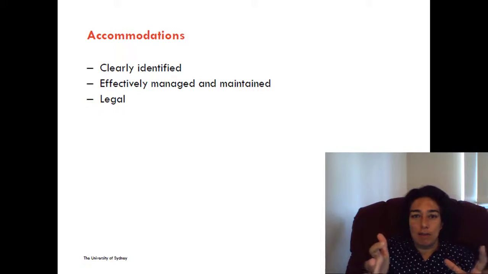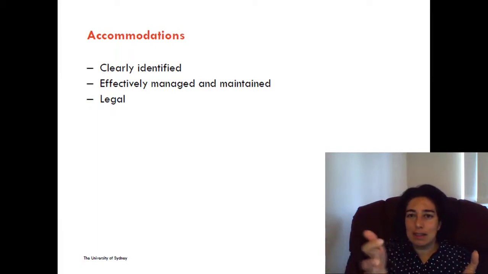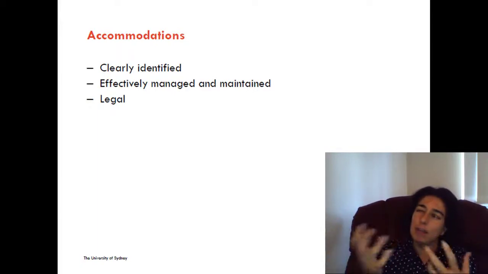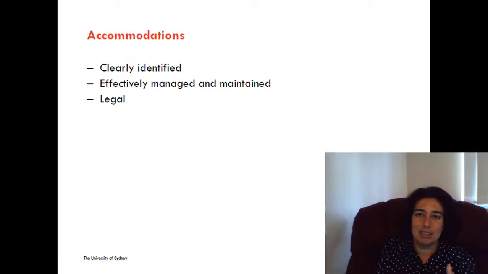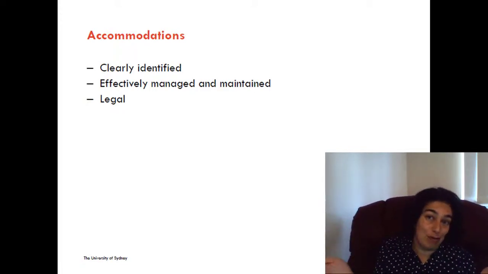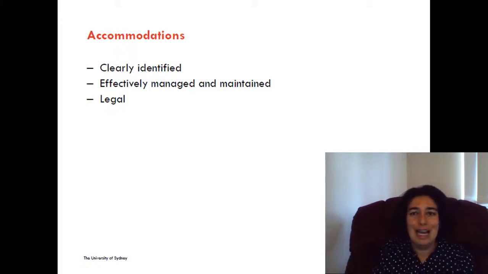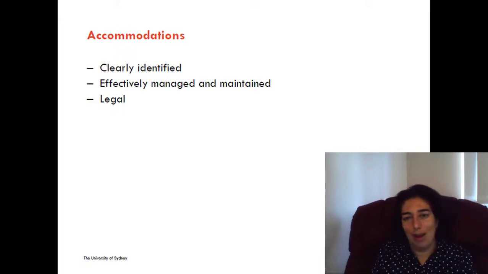If you have relapsing remitting MS, every relapse is going to take you a little bit further, and there is some level of stepping back of the symptomology, but it's a progressive experience, and so accommodations may need to change regularly. Being aware of that and managing and maintaining them is really important.